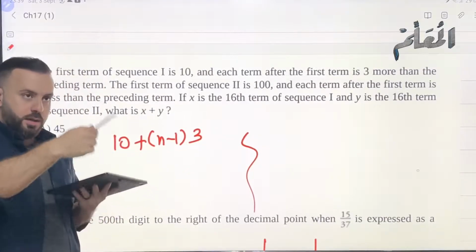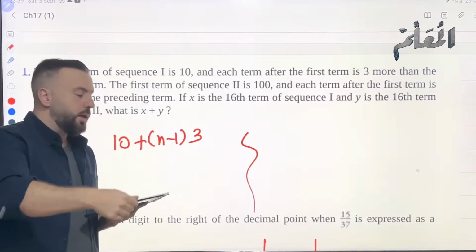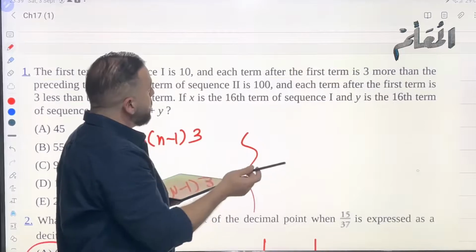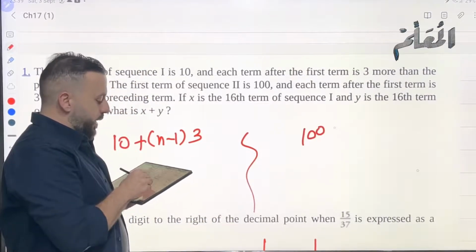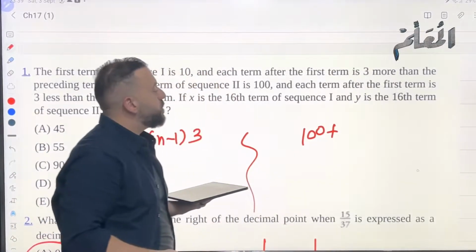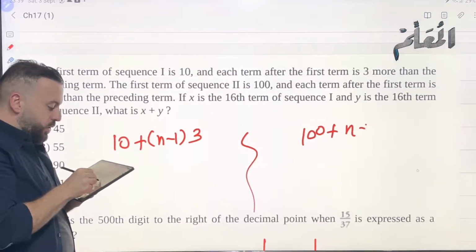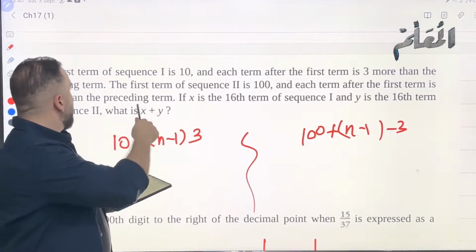Because the difference is 3 more, meaning I'm increasing. And the first term of sequence 2 is 100, and each term after the first term is 3 less than the preceding term, which means n minus 1 times negative 3, because it's decreasing.